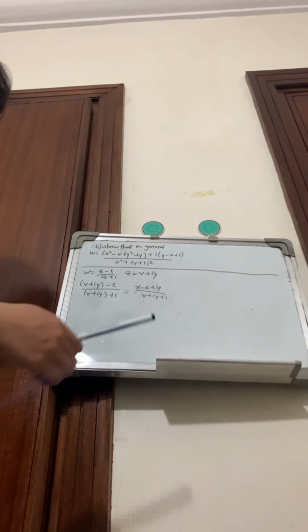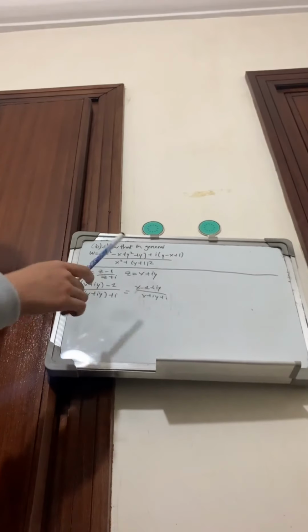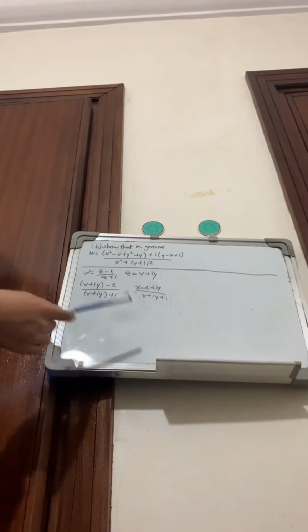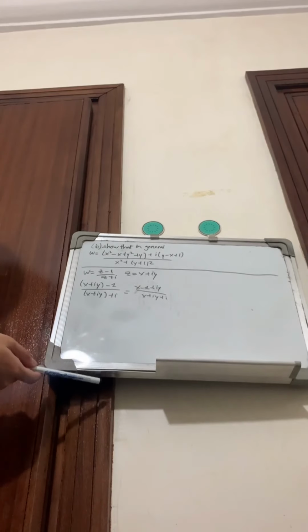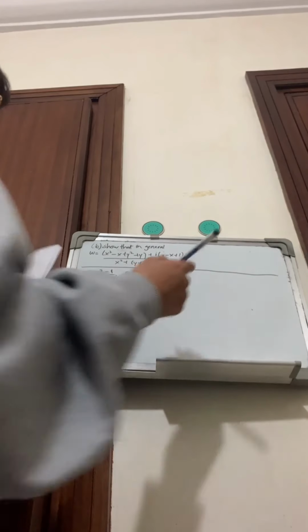Okay. Now what I want to do is just factor out the common terms and group everything together. So we're going to group the real values with the real values and imaginary values with the imaginary values.